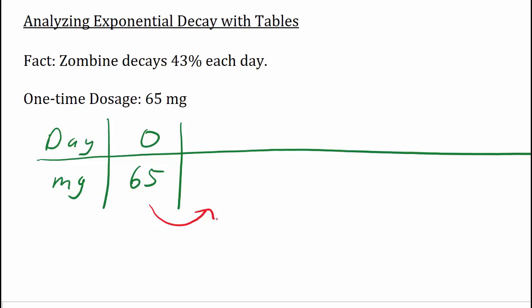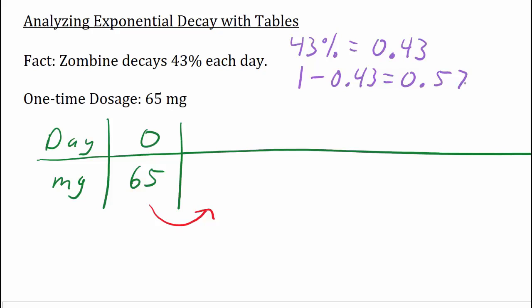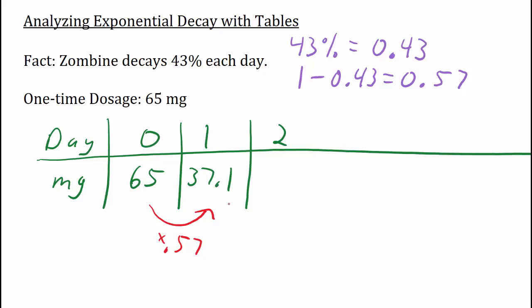To figure out how much Zombine remains in their bloodstream after one day, we need to figure out the multiplier for a 43% decrease. Well, 43% equals 0.43. And that means that each day your bloodstream keeps 57% of the Zombine. So our multiplier will be 0.57. After one day, patients have 37.1 milligrams of Zombine in their bloodstream.